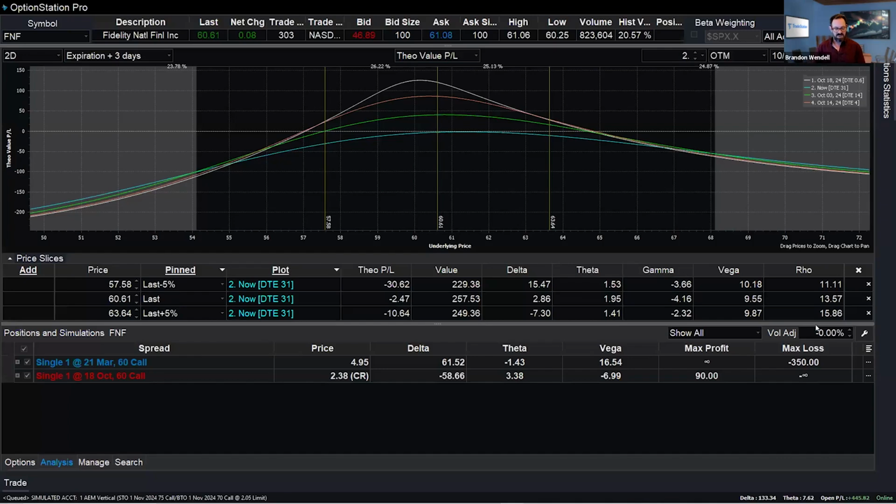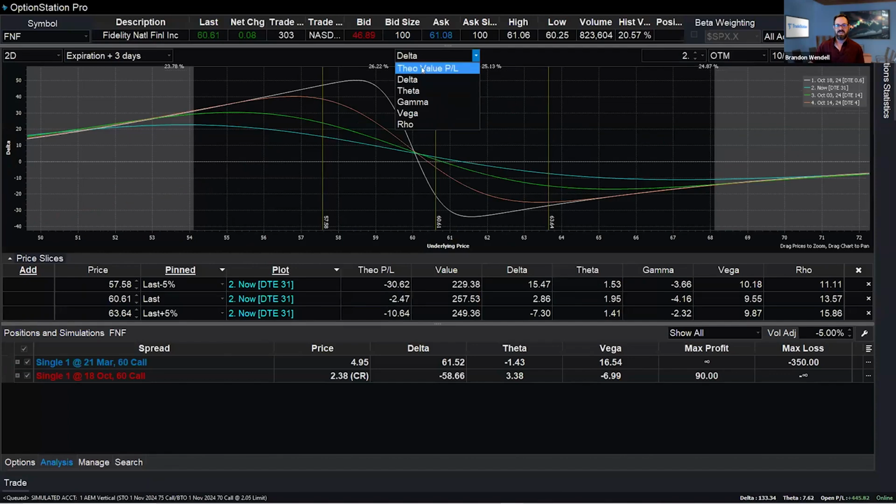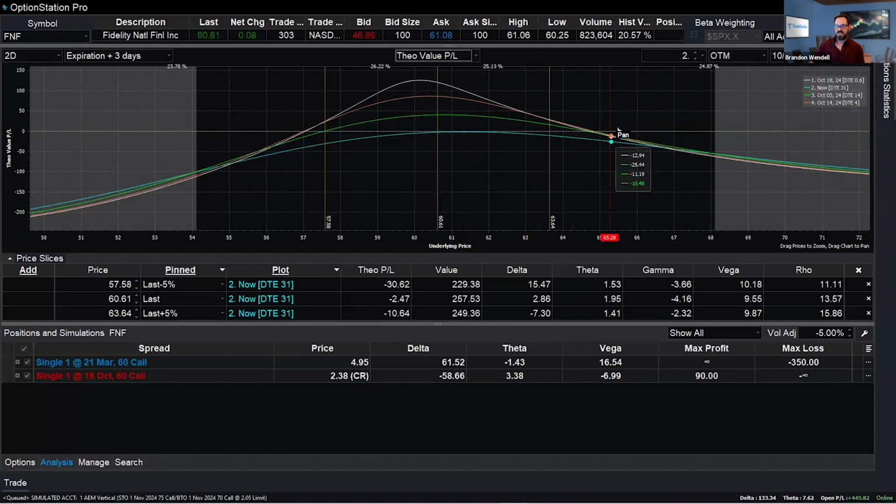But if I get implied volatility going in my favor, it's +1. Let's go -1. Didn't change much. Go to -5. Plot 3. There we go.